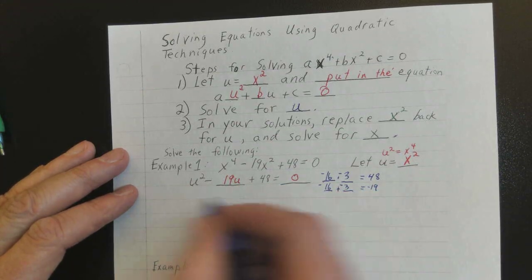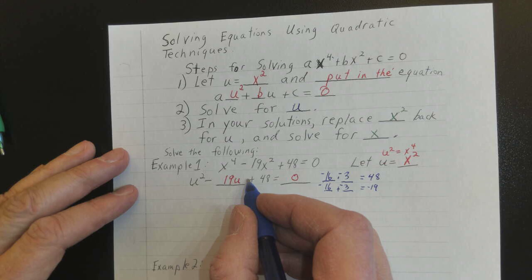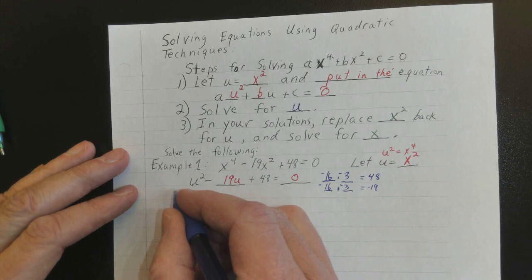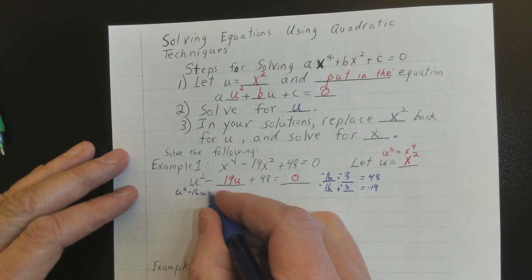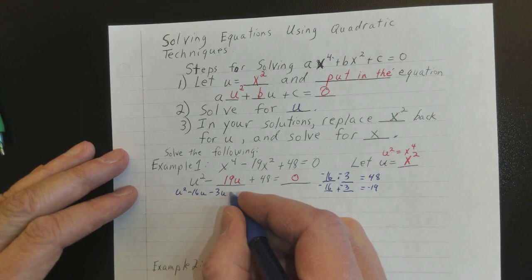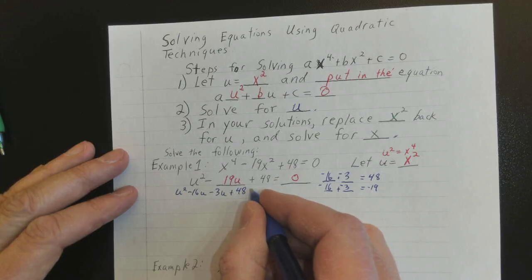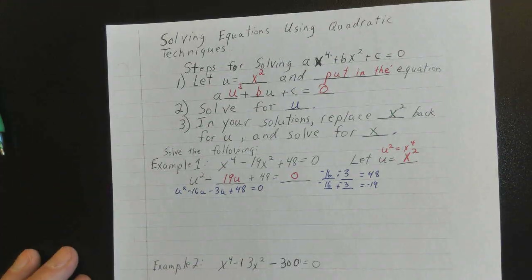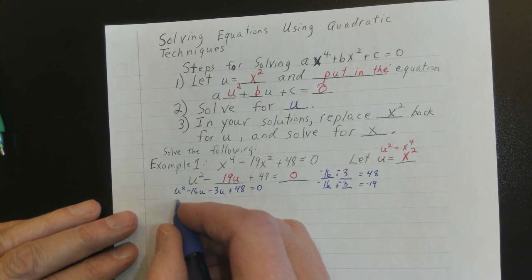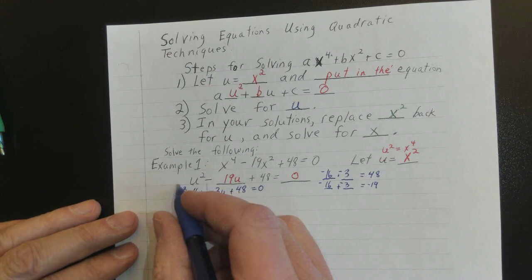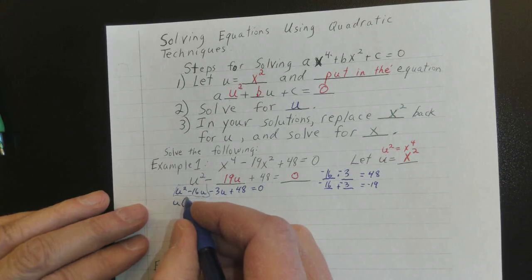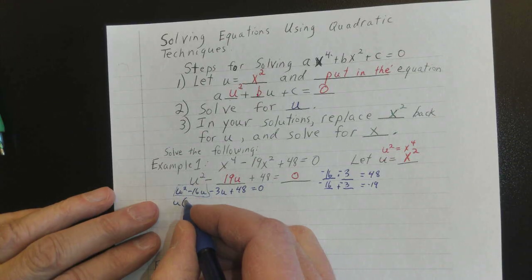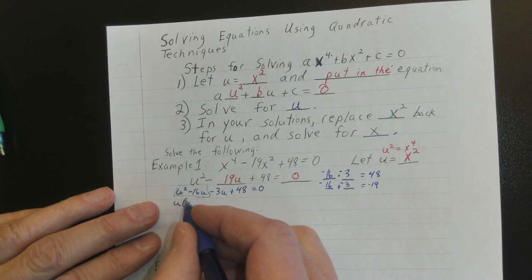So this is where we're going to split this up so we can factor by grouping. And I'll have u squared minus 16u minus 3u plus 48 equals 0. Grouping, u is the GCF here. U squared over u is u.